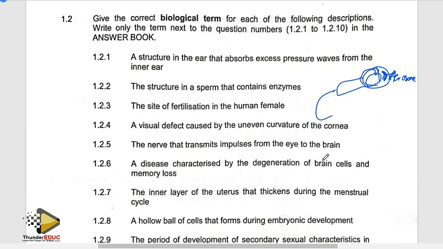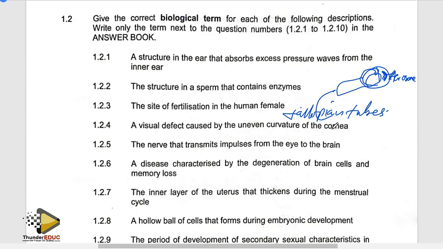Site for fertilization in female. These are the fallopian tubes. Then they're saying 1.2.4. Visual defect caused by uneven curvature of the cornea.